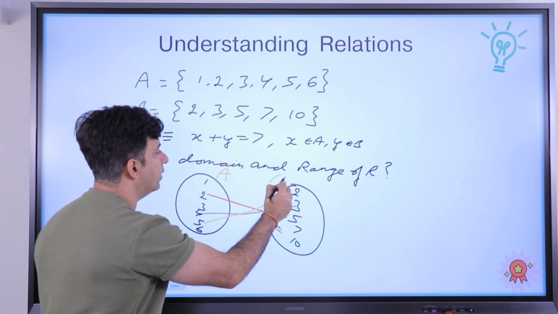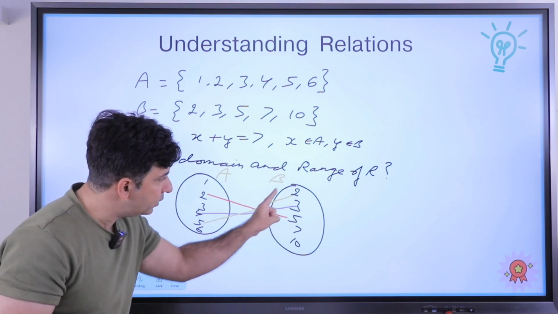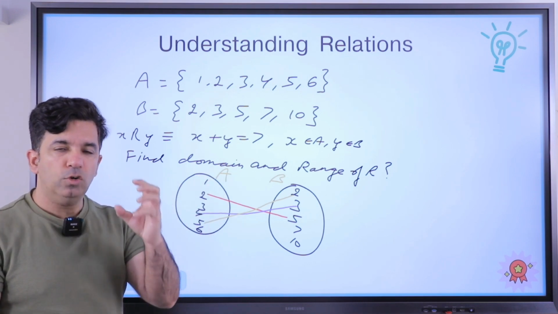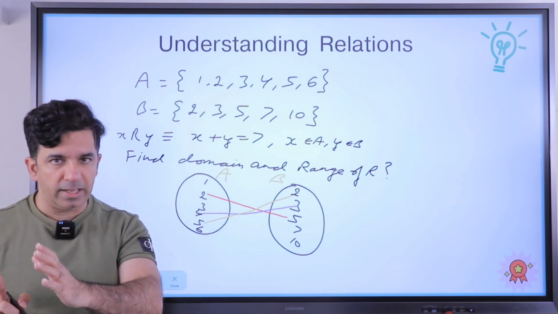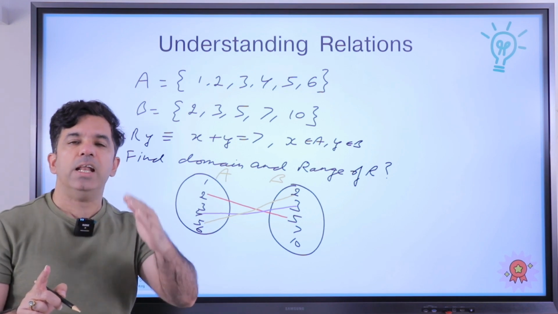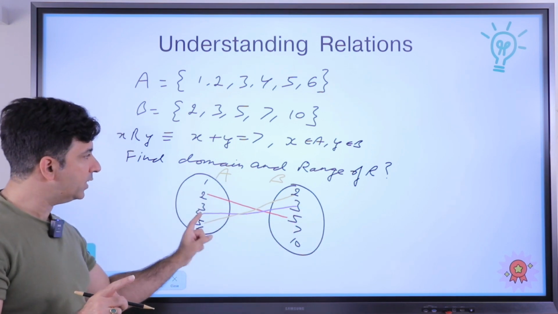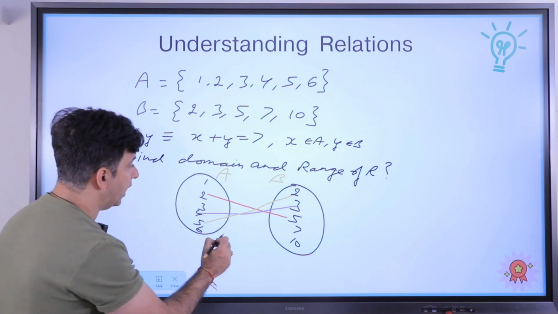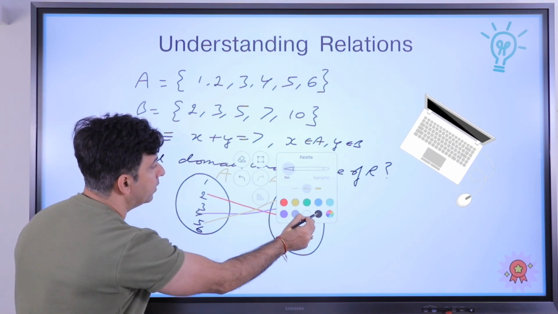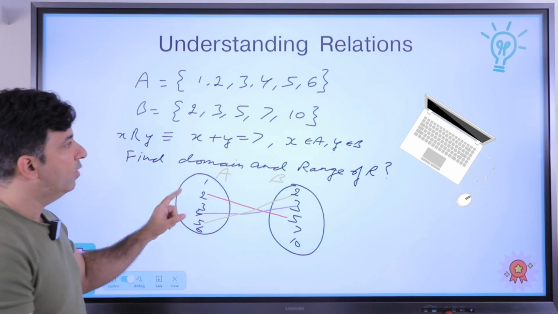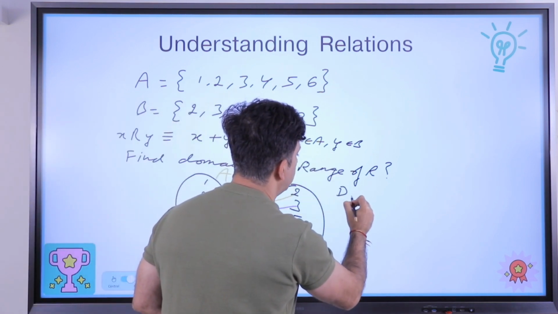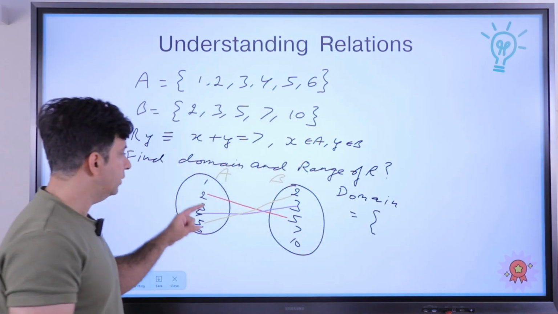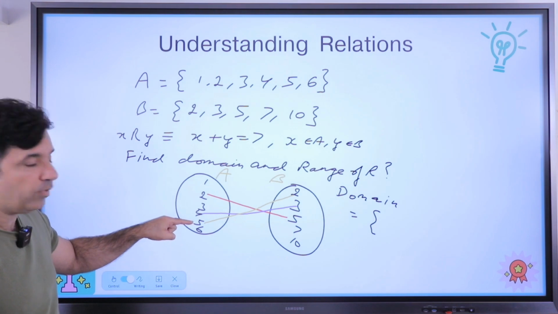Now we know that this complete set is the codomain, as we have just heard. Now domain is what? Domain is those elements of set A which have a connection with elements of set B. So in this case, we would be able to digest this thought that in this example, the relation would be elements 2, 4 and 5.